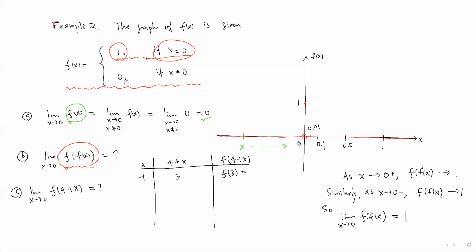From the definition of the function, when x is non-zero, the function value is 0. So this is 0. Second point, how about -0.01, which is close to 0. 4 minus 0.01 is 3.99. The function value there is 0.